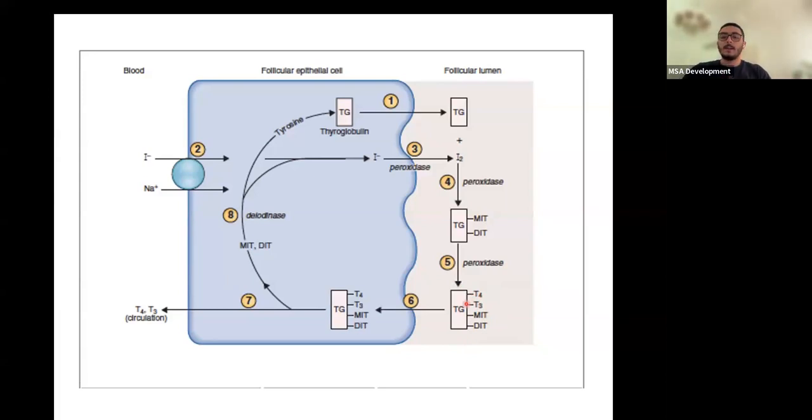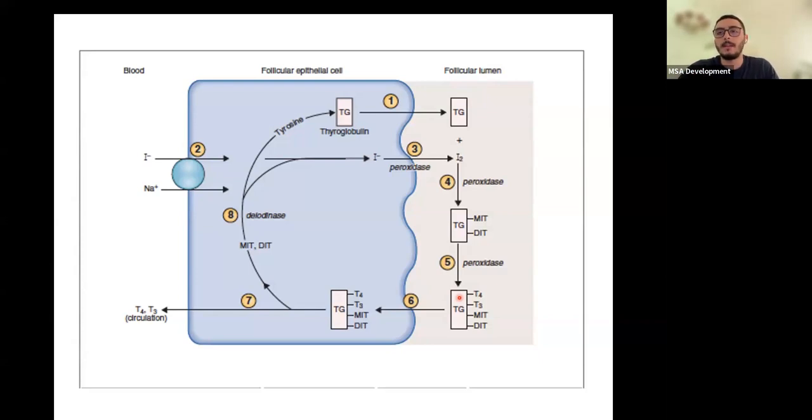Now, this product will sit in the lumen and wait until its time comes, literally. So it will be stored in the follicular lumen, the thyroglobulin or the taxi, alongside T3 and T4 and some residues of MIT and DIT, until our body needs thyroid hormone.